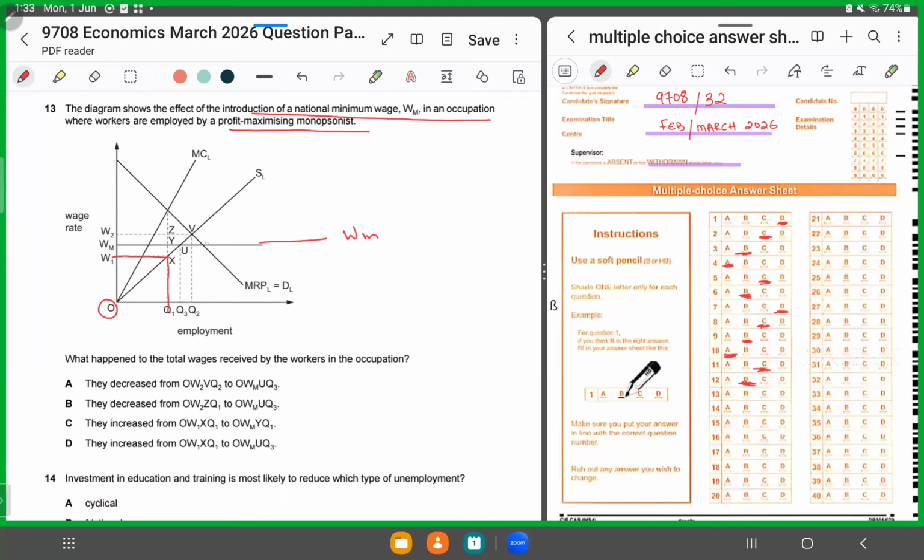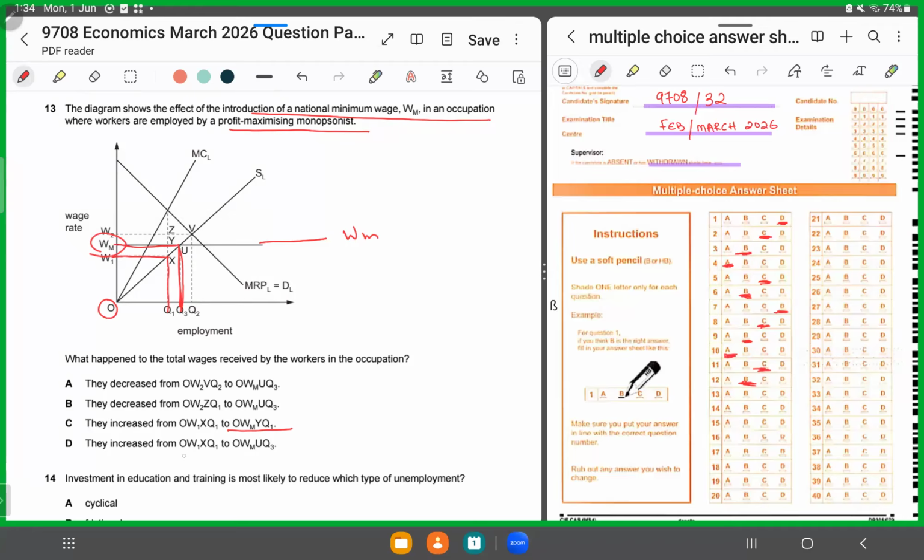After the minimum wage, what happened to the revenue position? We moved towards OWM UQ3, not Y, OWM UQ3.